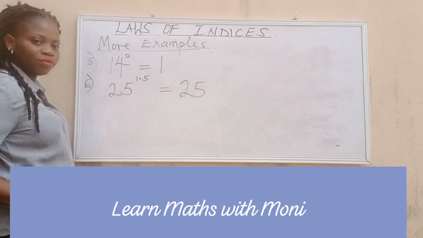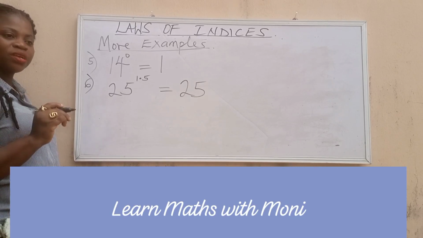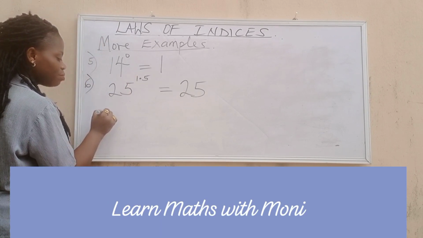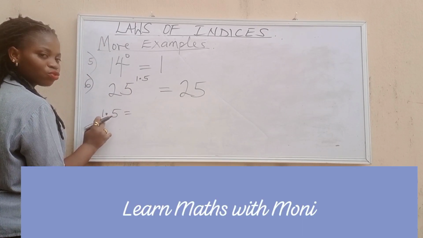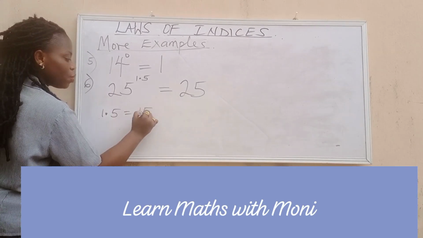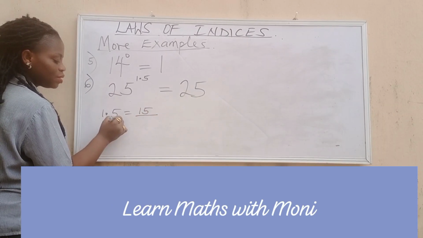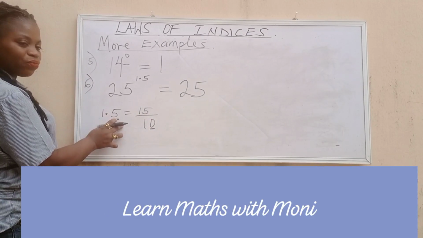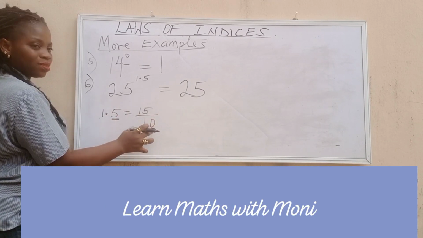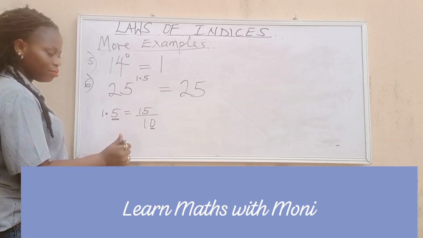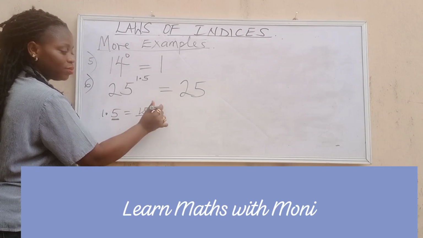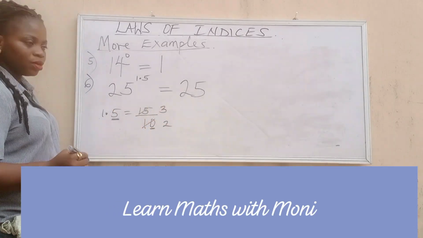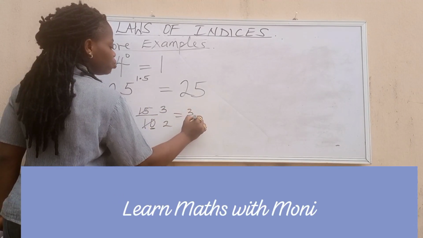Converting 1.5 to a regular fraction of numerator and denominator, 1.5 can be written as 15 over, how many decimal places? 1. That is 10. So 1.5 is actually 15 over 10. Reducing it to the lowest term, 5 divides 15 3 times, 5 divides 10 2 times. This is equal to 3 over 2.